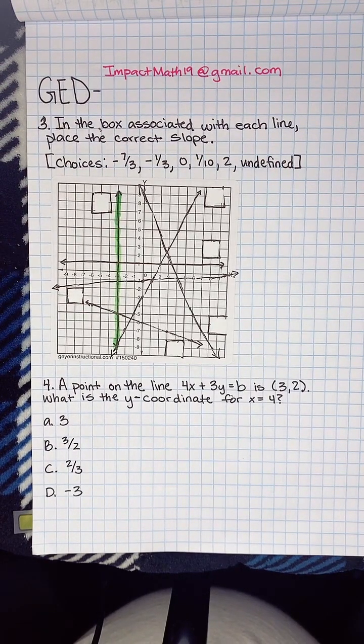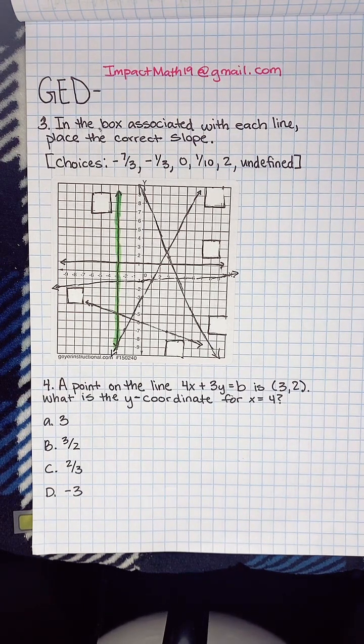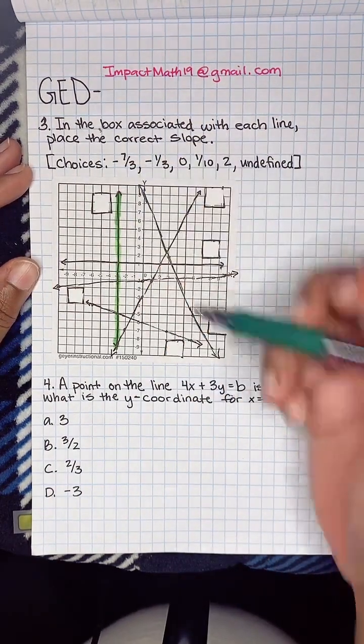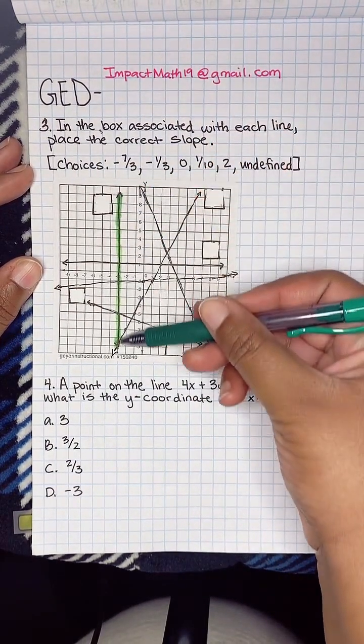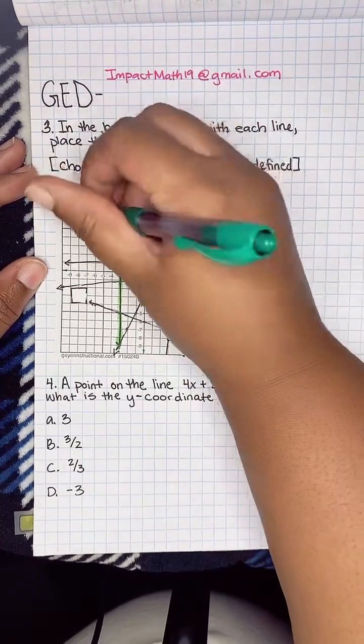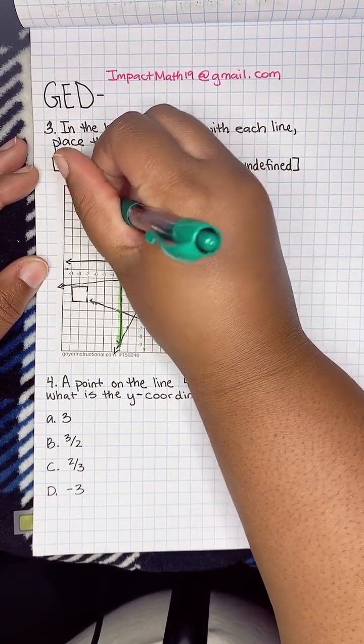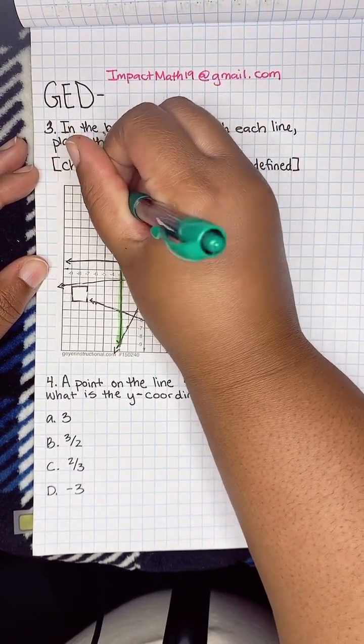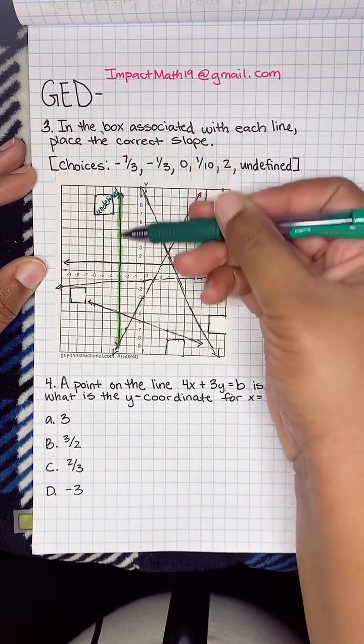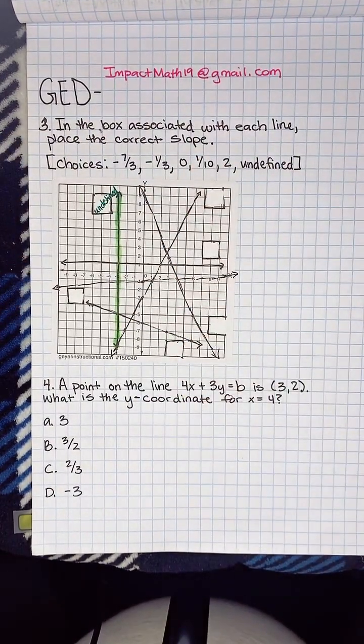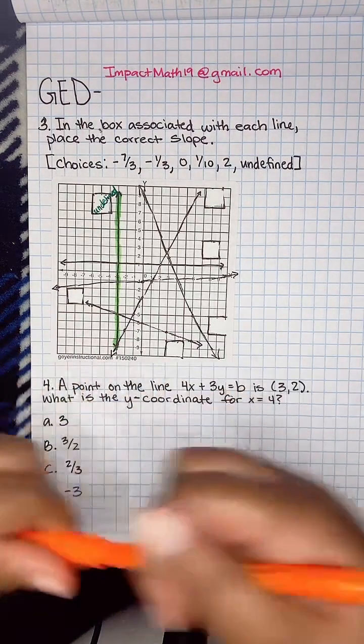Okay, we got a 0, 0, 0, undefined. Yes, it is undefined. So vertical lines are undefined. They're always undefined. A lot of people mix that up with horizontal lines.